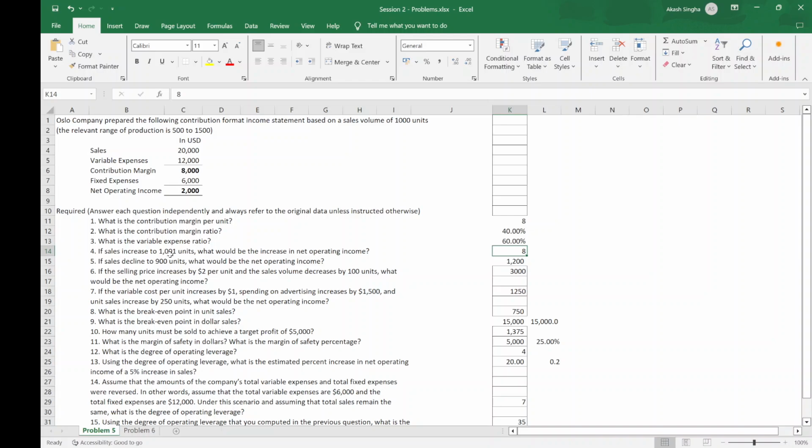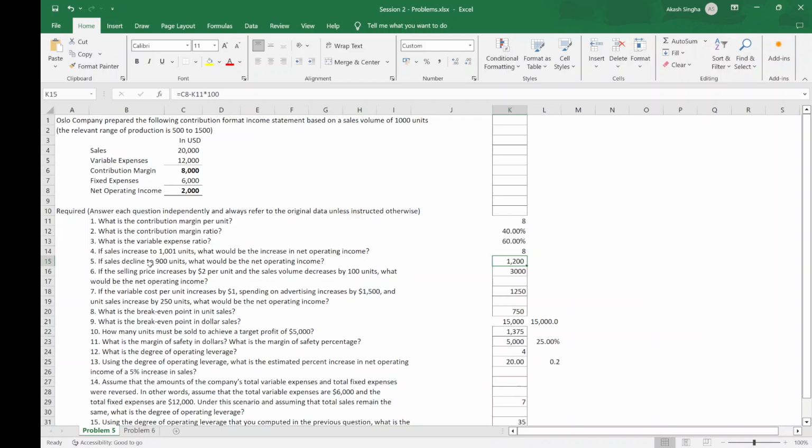And then, if sales increase by one unit, what would be the increase in net operating income? So if one unit is more, we will have contribution margin as 8,008 and fixed expense will be same. So the net profit will be increasing by 8. So that is common sense.